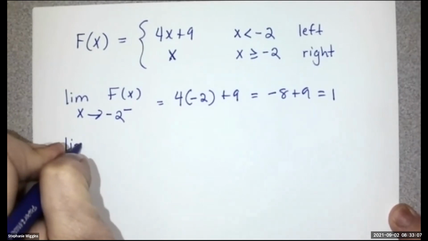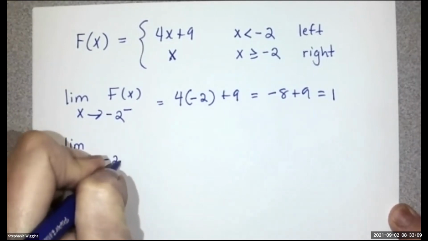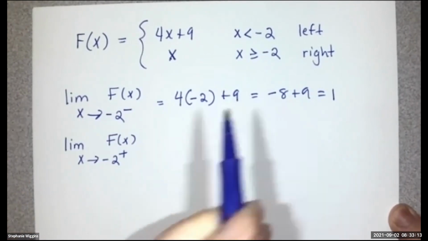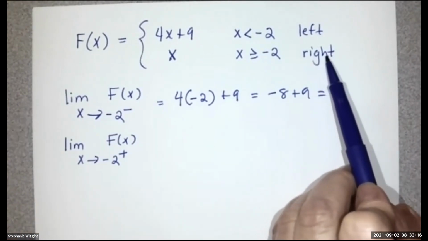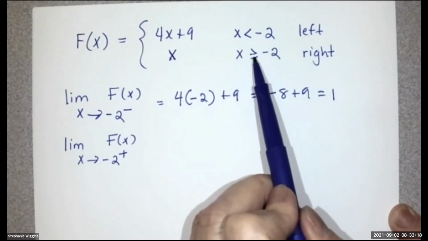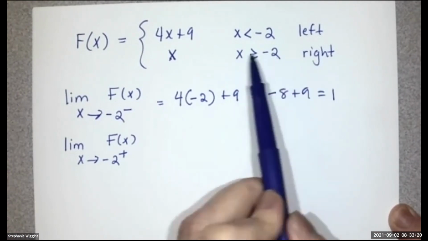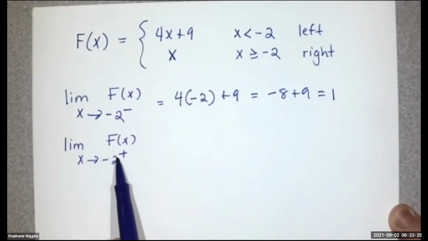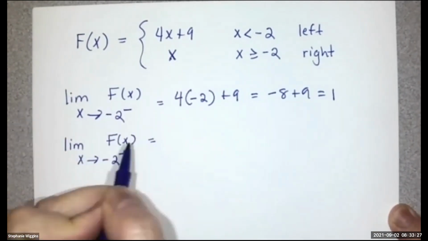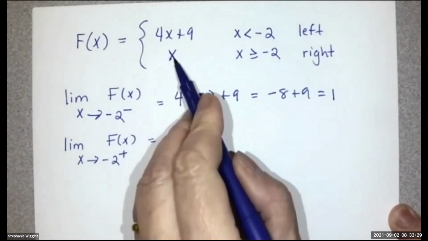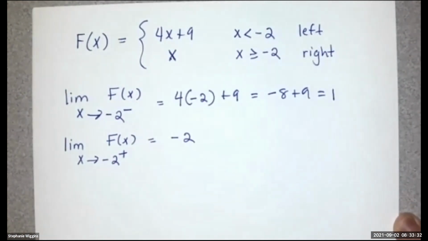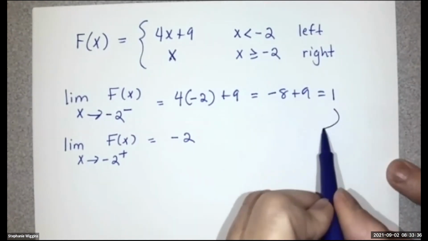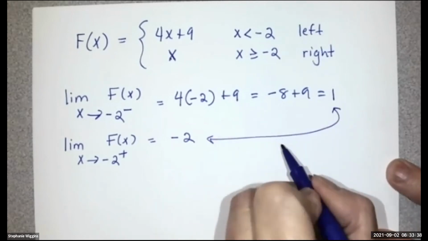The right-hand limit, when x approaches -2 from the positive side, we want to plug in on the right, because x is larger than -2. Plug -2 in for x and you just get -2. So the left and right do not match. Therefore the limit does not exist.